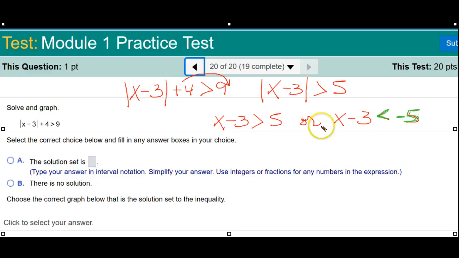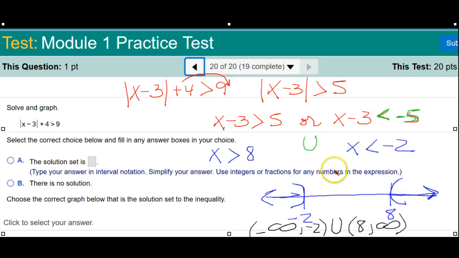So you solve these, and notice we said anytime you had absolute value is greater, this was going to be a disjunction. So your solution set is, and you have to type it in interval notation, and since it's a disjunction, you'll probably use this sign right there.